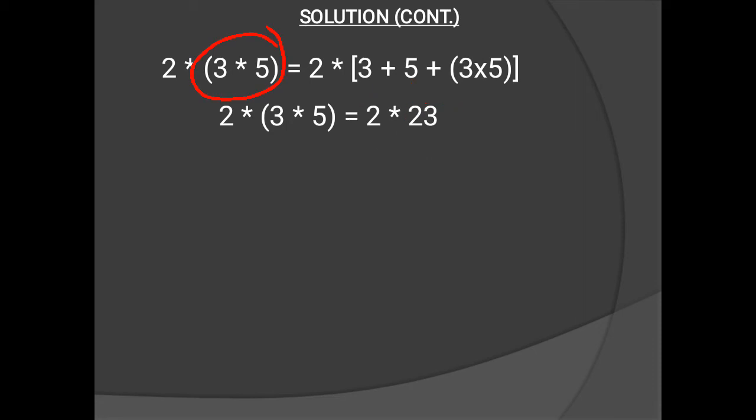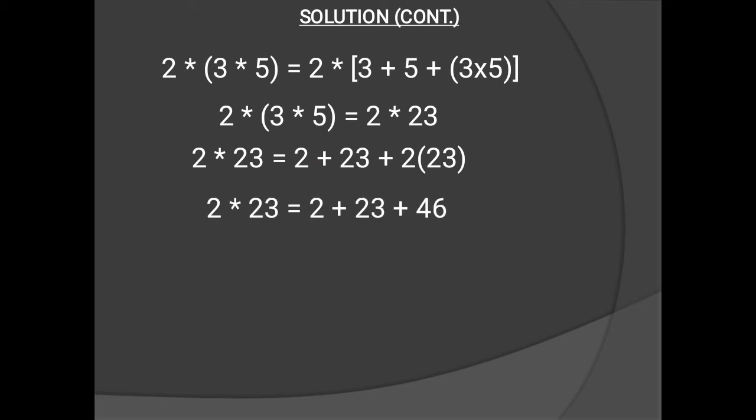So we solve 2 operation 23, still using the same rule or definition. First one, so 2, plus second one, which is 23, plus first one times second one, 2 times 23. 2 times 23 is 46.